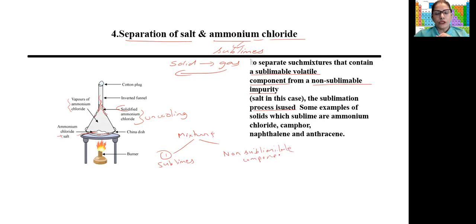In this case, we have ammonium chloride, which sublimes, and we have salt. Salt was the impurity, and ammonium chloride we have separated from that and again collected in the solid form.